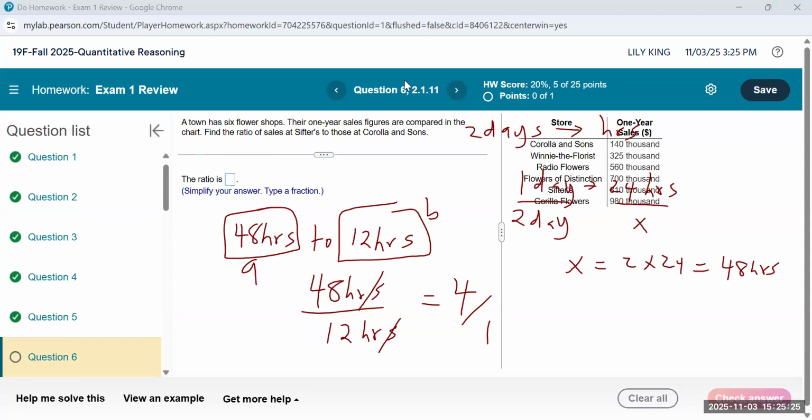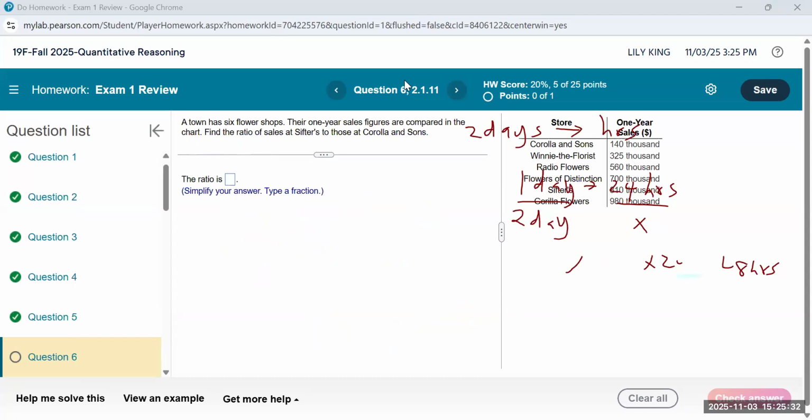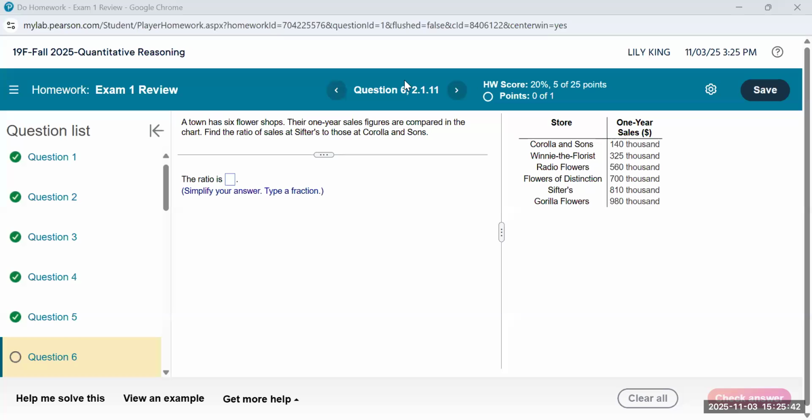Now, question number 6. We are still on ratios. Here we have a table which we're going to pull our information from to solve this question. We have to find a ratio of sales at SIFTUS to Corolla and Sons.